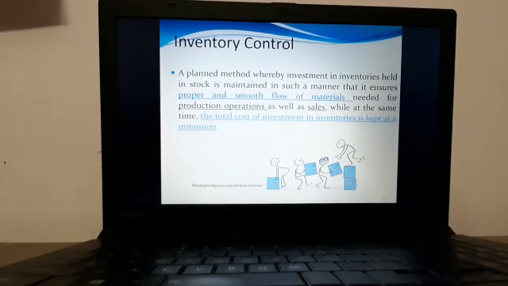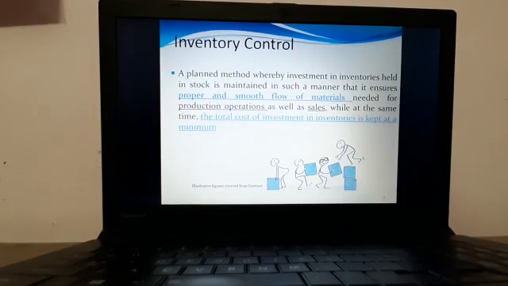Inventory control is a planned method. Controlling obviously can only be done through a planned method, whereby the investment in inventories held in stock is maintained in such a manner that it ensures proper and smooth flow of materials needed for production operations as well as sales.